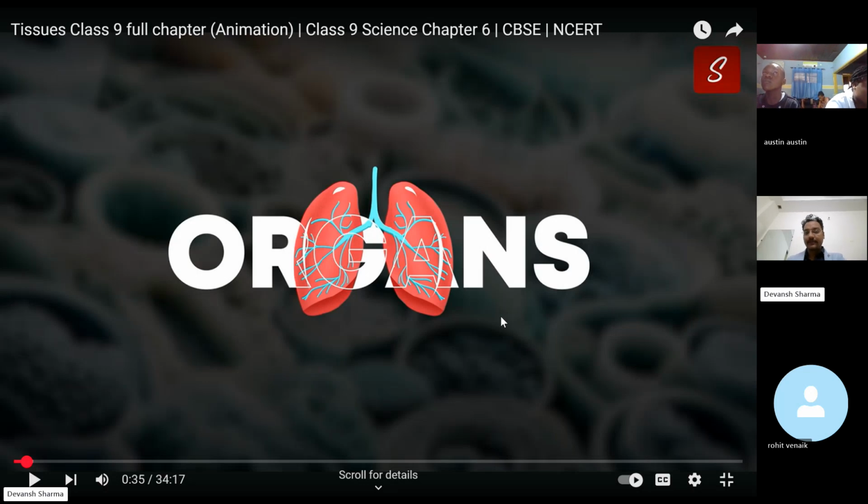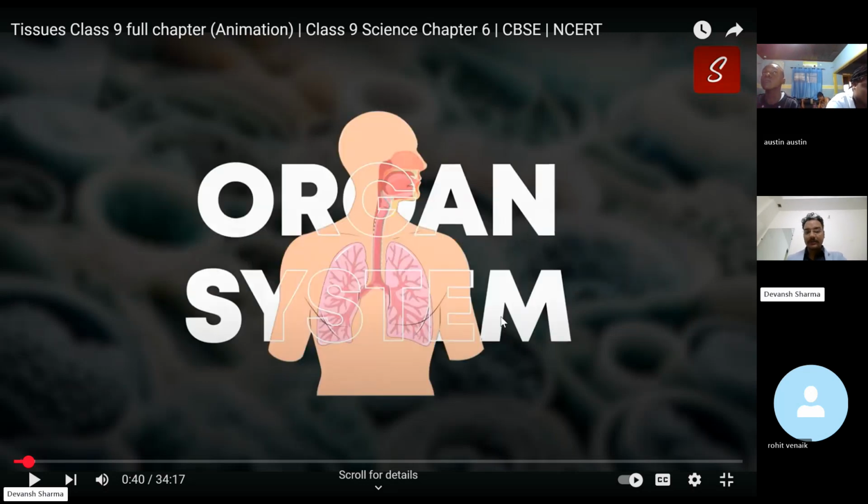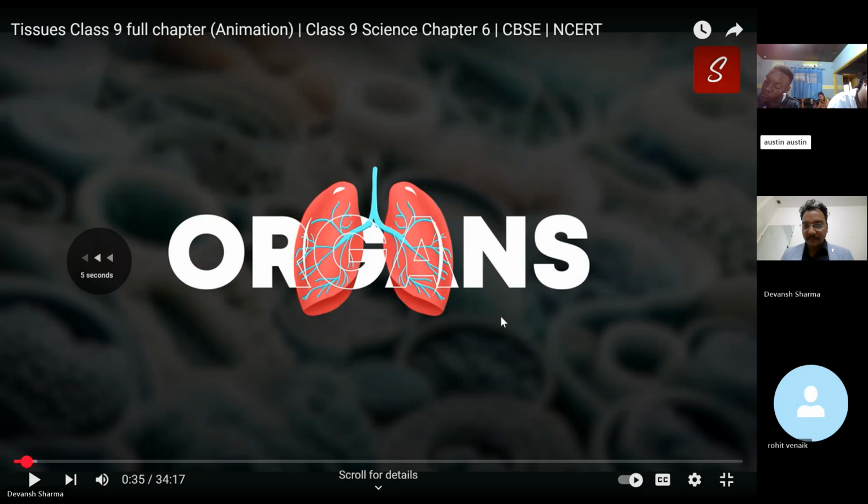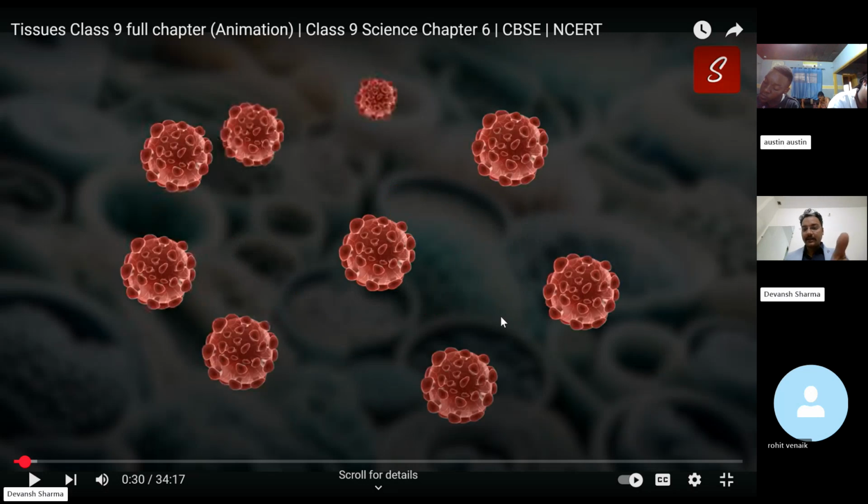So this is an organ. When organs combine, they form an organ system, and an organ system makes an organism. So first you write: cell, arrow, tissues, arrow, organs, arrow, organ system, arrow, organism.